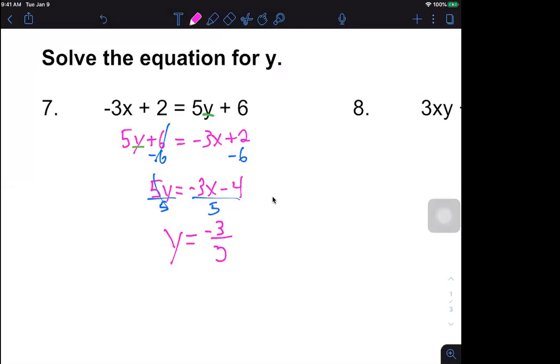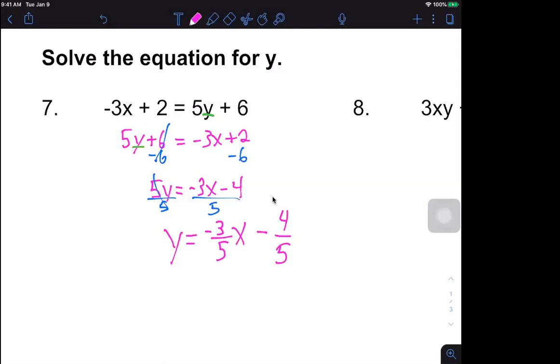Ooh, that's ugly too. 3 over 5 x. And then we remember we have a -4 and a +5. Opposite signs are negative. And then we'll just have 4 over 5. And that's it. We solve for y. Questions on 7?